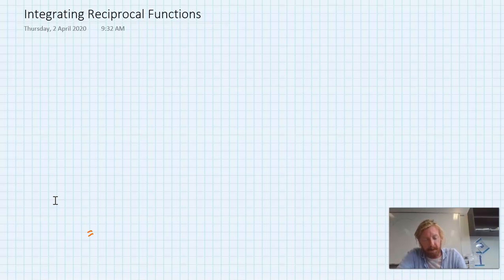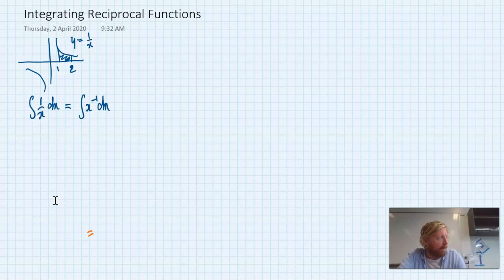Let's go back. One of the ones that we had problems with was finding the area under this curve, y equals 1 on x, let's say from 1 to 2. The way that we knew how to do it was we went, well, the integral of 1 on x dx equals the integral of x to the minus 1 dx.